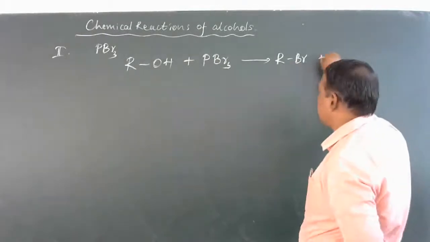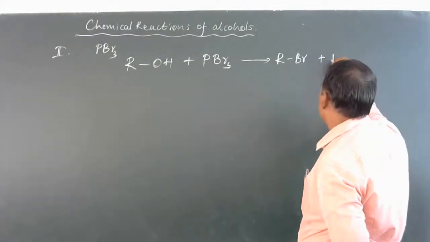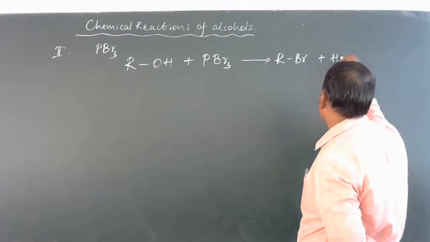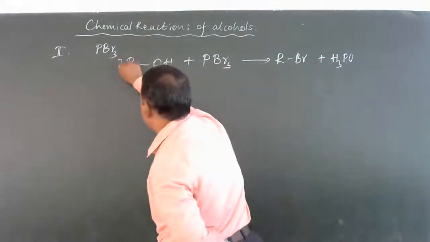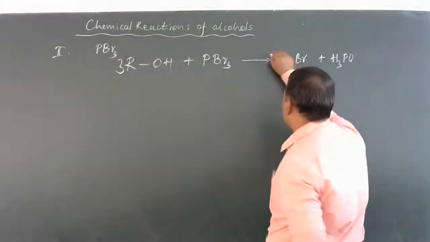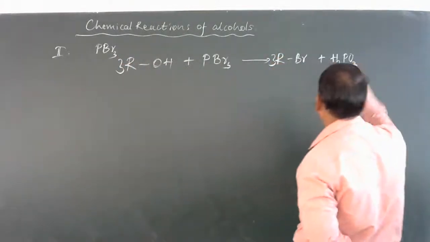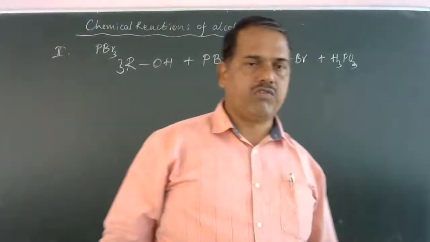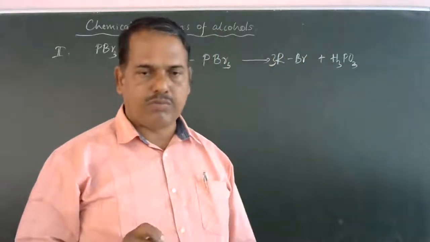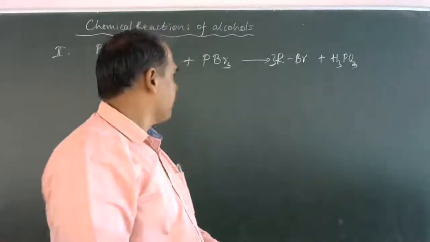Again, plus, we will get H3PO3. So it is 3 times, this balances again 3, and we will get H3PO3, orthophosphorous acid.